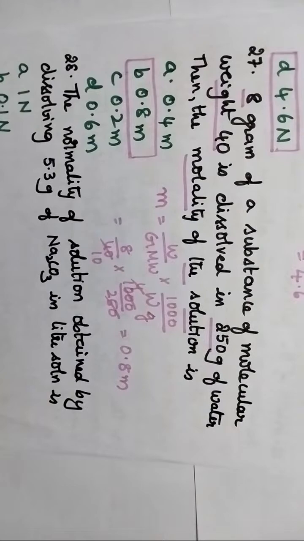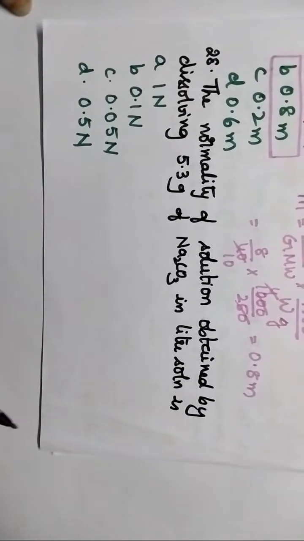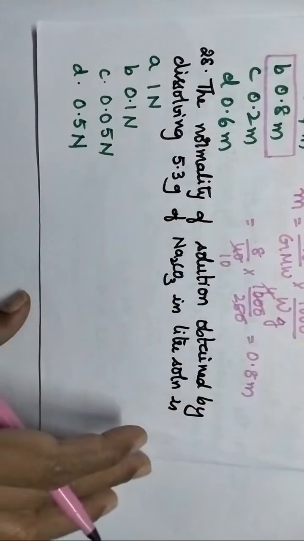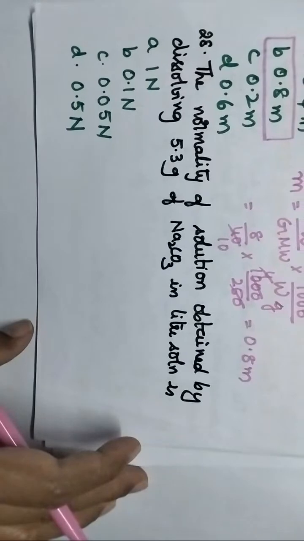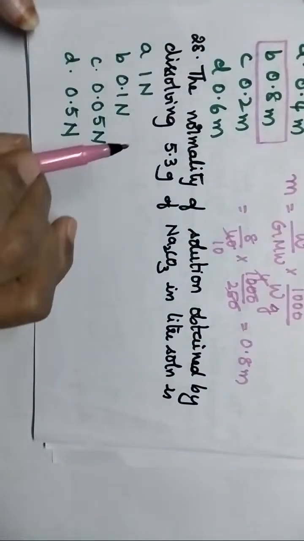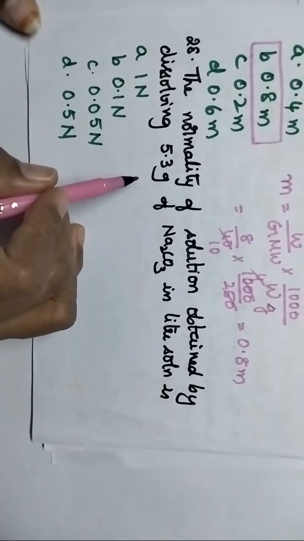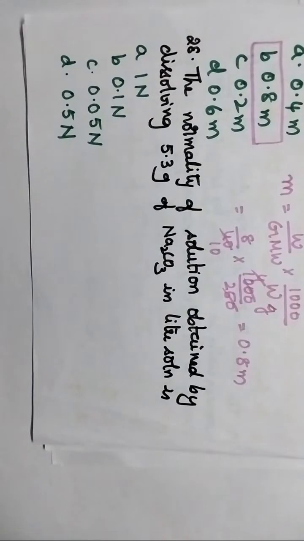Hanish, are you following? Yes. Let us discuss one more simple question: the normality of a solution obtained by dissolving 5.3 gram of sodium carbonate in 1 liter solution. Very simple question.